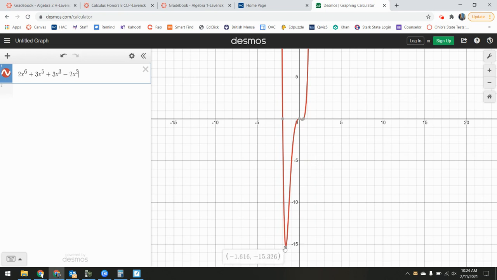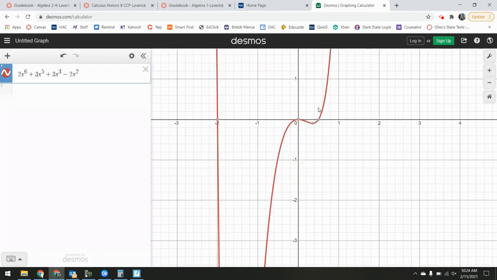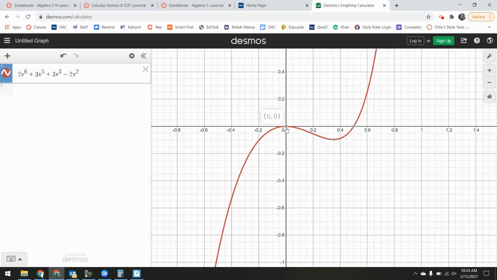I'm going to click on that point, and it looks like something's funky happening in the center there, right? I don't know what's going on. So let's zoom into the center. And it looks like it has another maximum value at 0, 0. And then it looks like it has another minimum value. Now, what are we not showing here? We're not showing inflection points either.